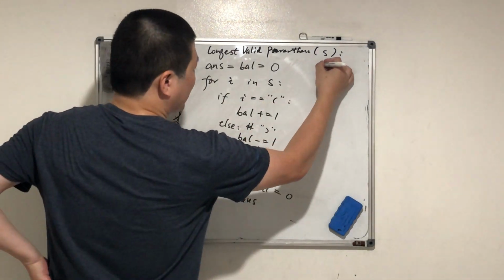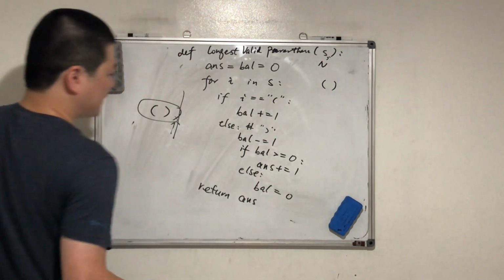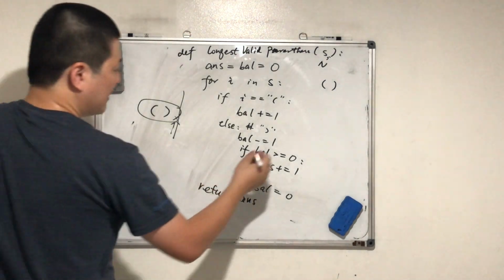What's the time complexity? If there are n characters in S, what's the time complexity? O(n). Well done.